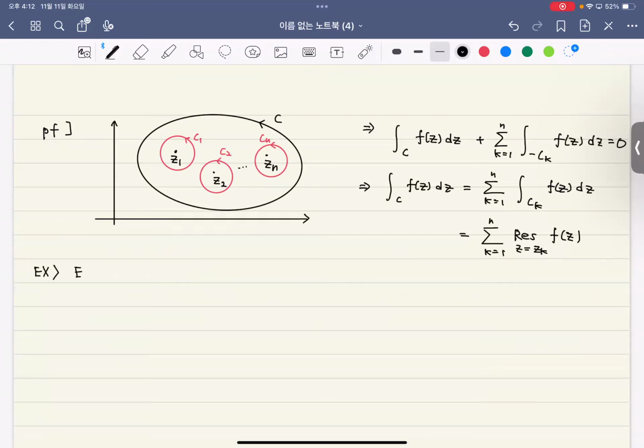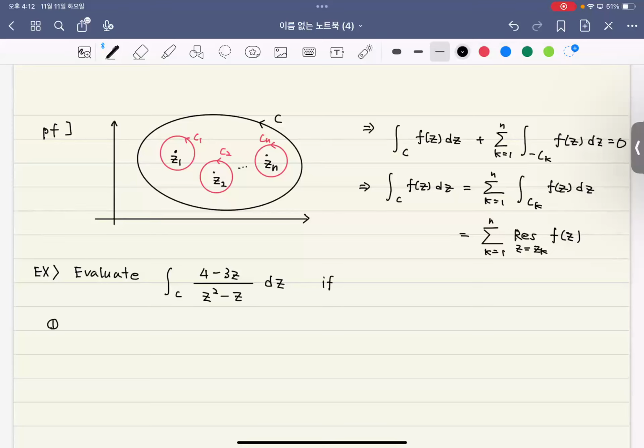Okay, so since we now have the Cauchy's residue theorem, we can actually think of an integral over a simple closed curve which contains more than one singularity. Let's consider the integral of this function dz.